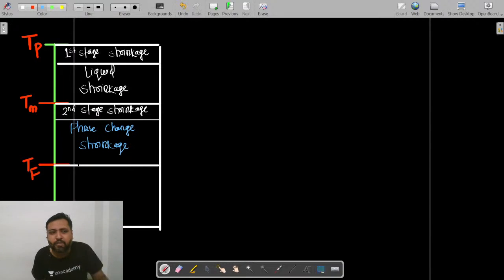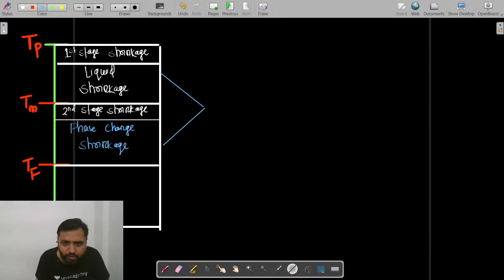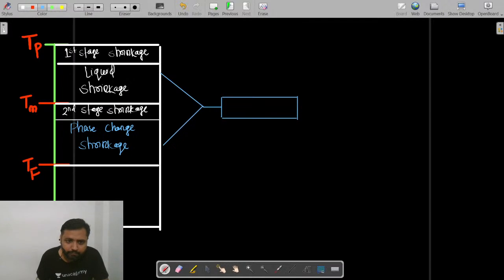And that exception is gray cast iron. These two stages of shrinkage are always going to be contraction.